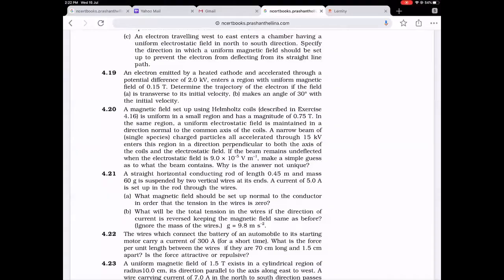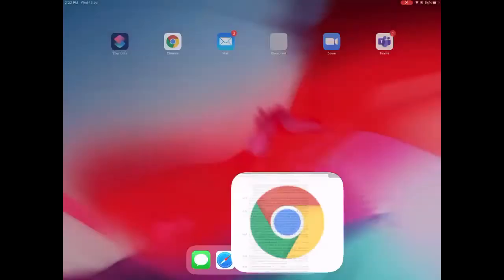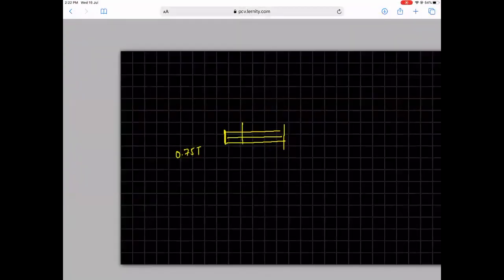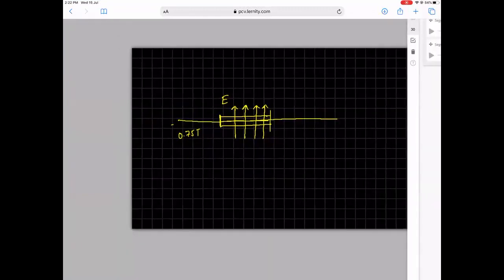Now, in the same region, a uniform electric field is maintained in a direction normal to the common axis of the coils. This is the common axis of the coils. So, perpendicular to it, there is an electric field. So, what is the concept? Do you see that there are two mutually perpendicular electric and magnetic fields?